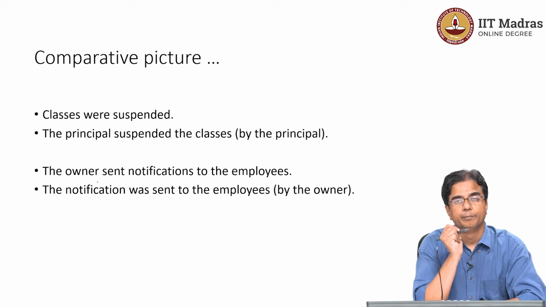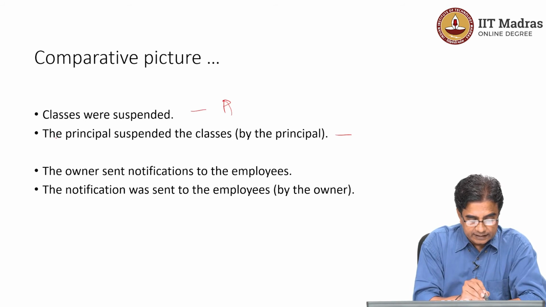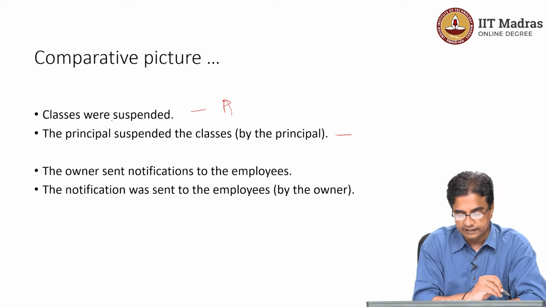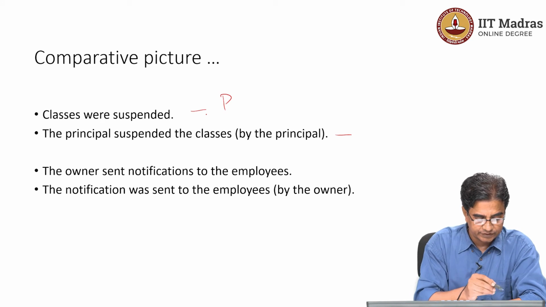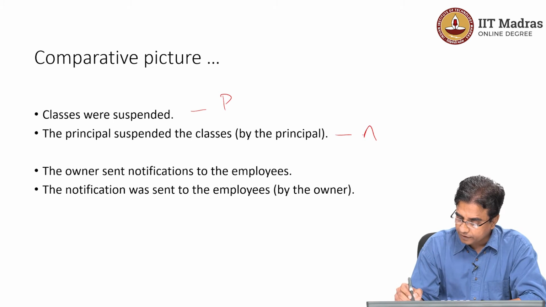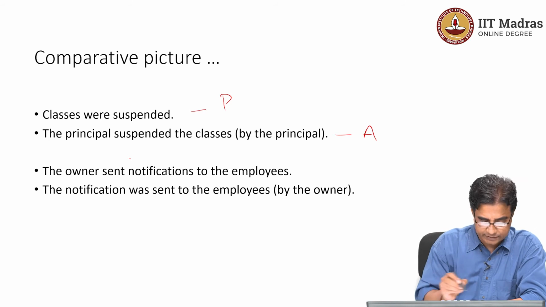like I said, make an active counterpart to see. When we say "classes were suspended," this is a passive sentence. The active counterpart of this is "the principal suspended the classes." Look at this.